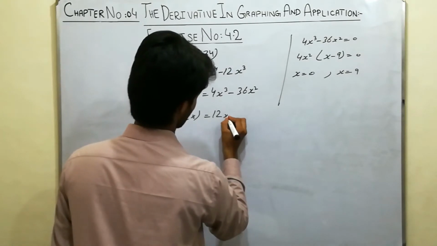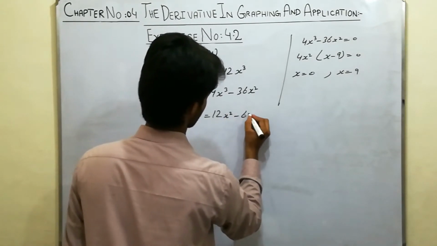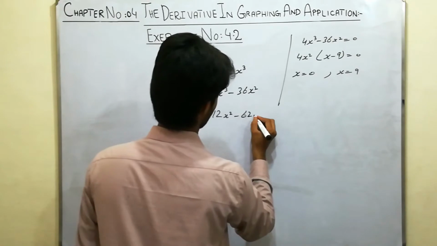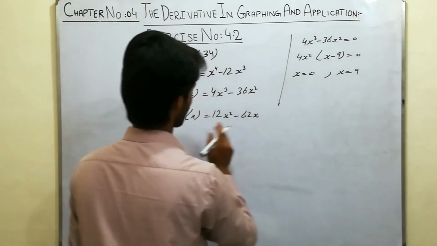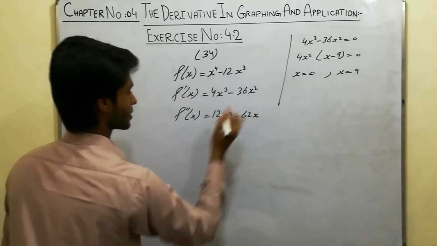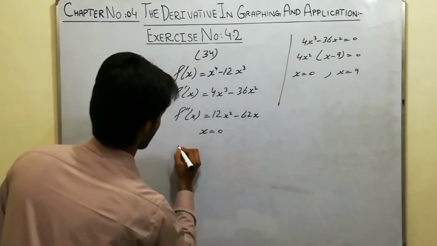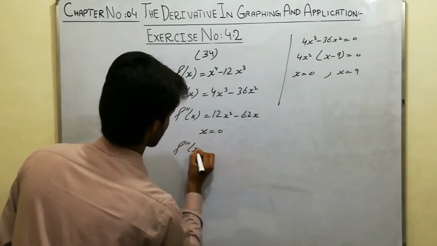Take the double derivative: 12 x square minus 72 x. Now put these points in the double derivative. Put x is equal to 0 in the double derivative, it is equal to 0.